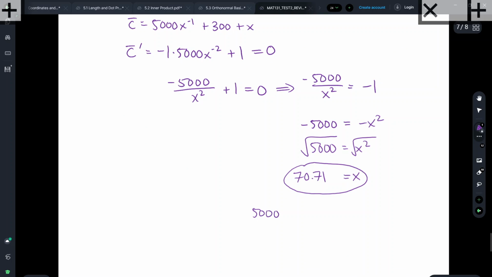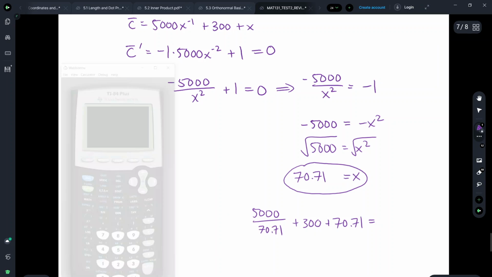So 5,000 divided by 70.71 plus 300, right? So I'm plugging it into this formula here. So plus 300 plus x, which is 70.71. And so let's calculate this.